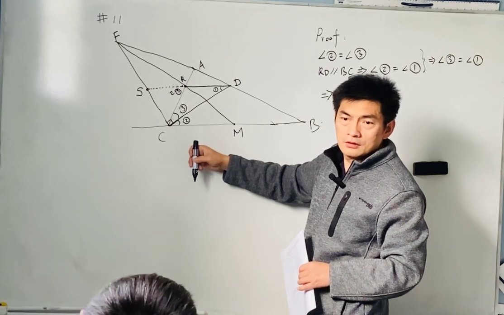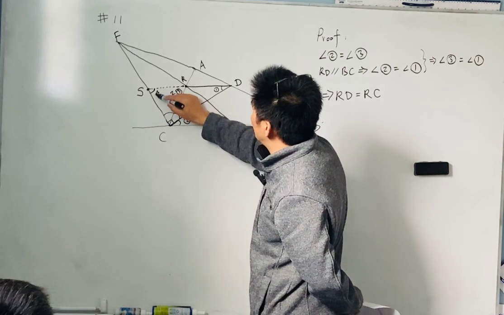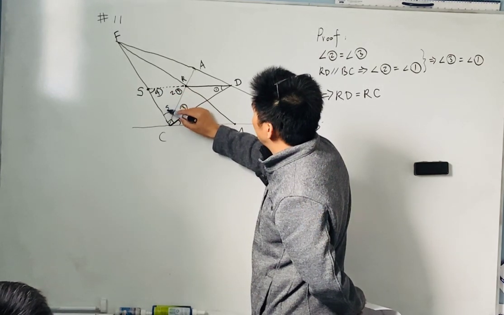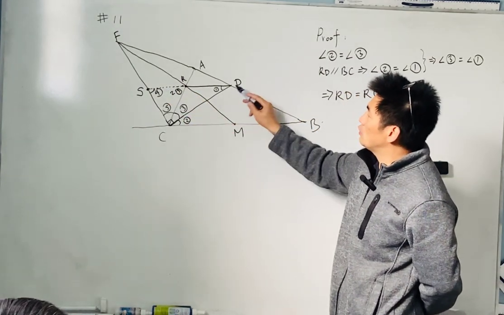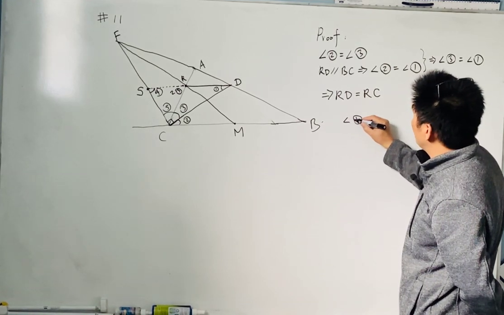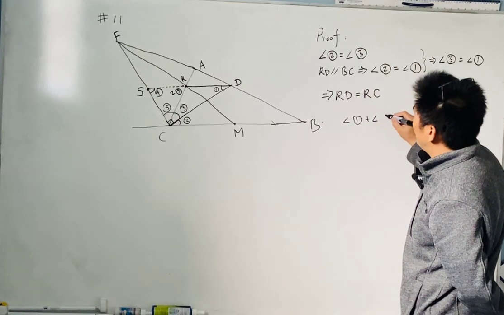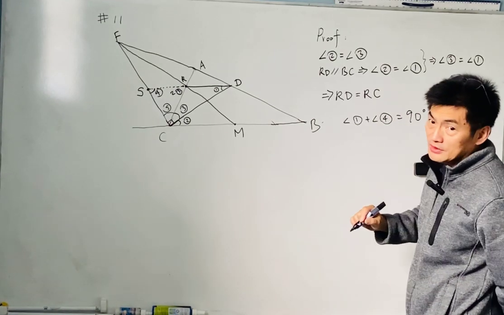Did you just write it? Label it. Well, let's say this is 4. This is 5, right? And because this is a right triangle, we have angle 1 plus angle 4 equals 90 degrees. That's obvious, right?